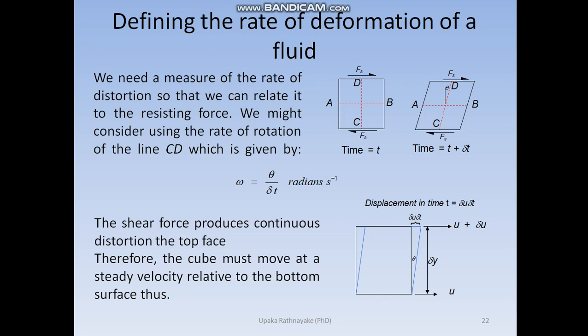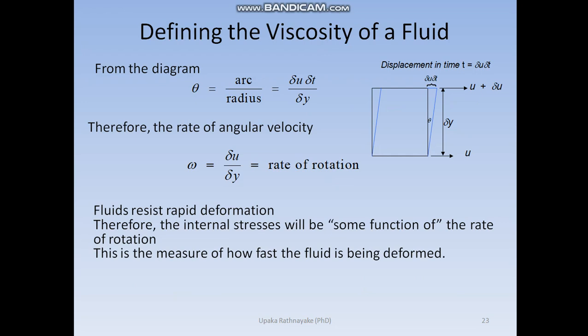Therefore, we can define theta to be arc divided by radius, that is delta U delta T over delta Y. Now let us substitute that into omega, which is equal to theta divided by delta T, that is going to be delta U over delta Y.